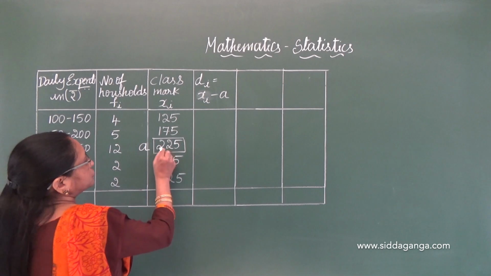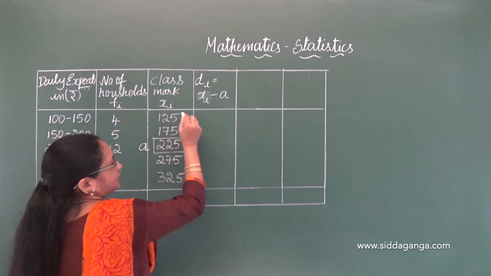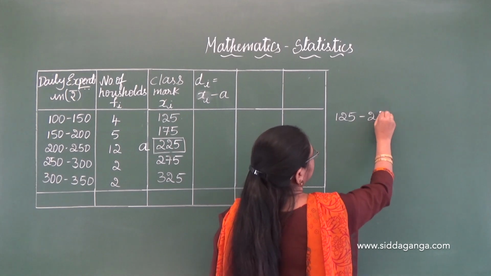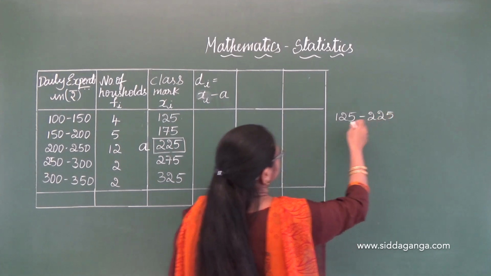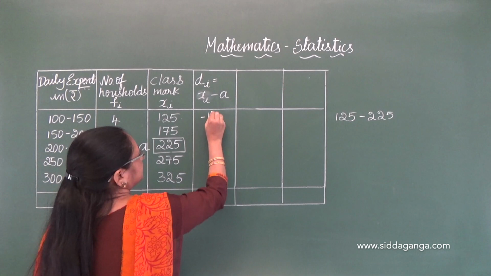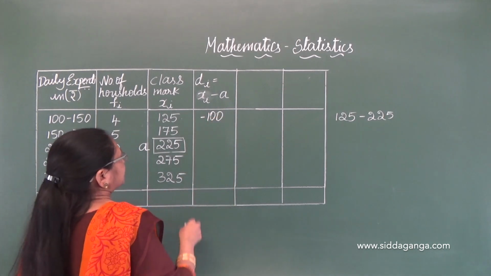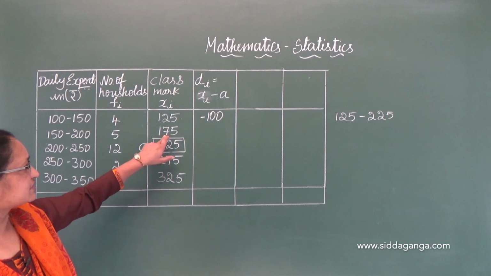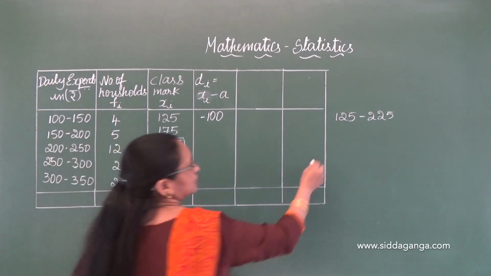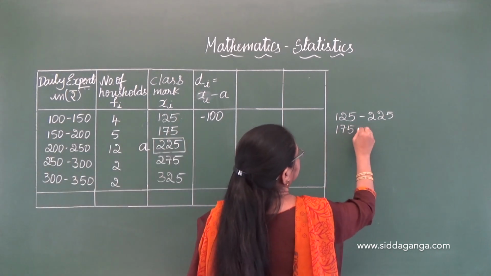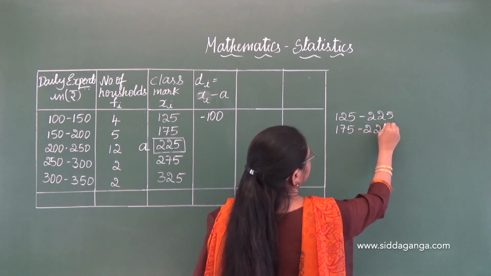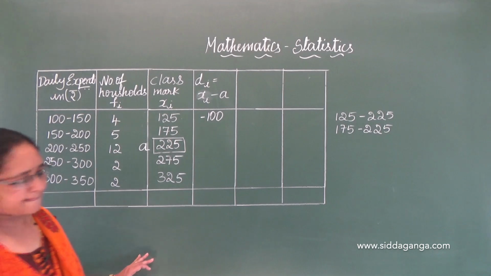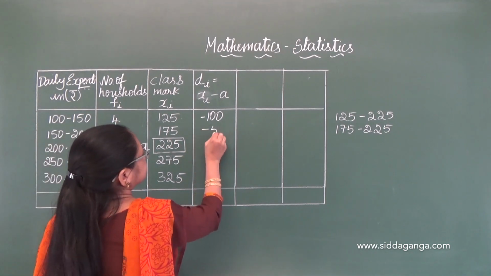So here, 125 minus 225. A negative term, so this will be minus 100. Next, 175 minus 225. How much? Minus 50.